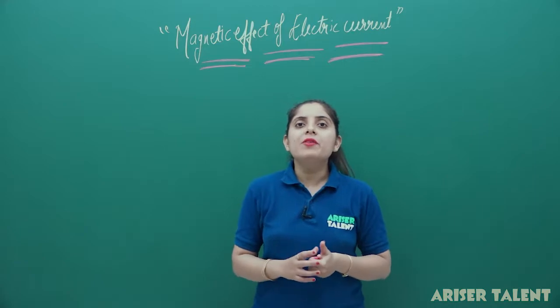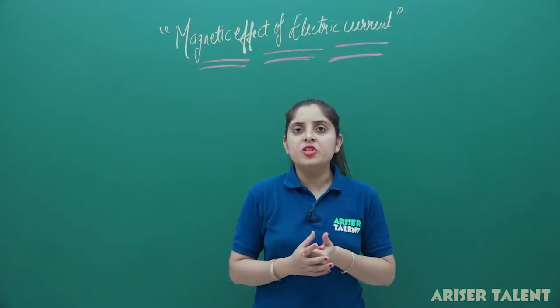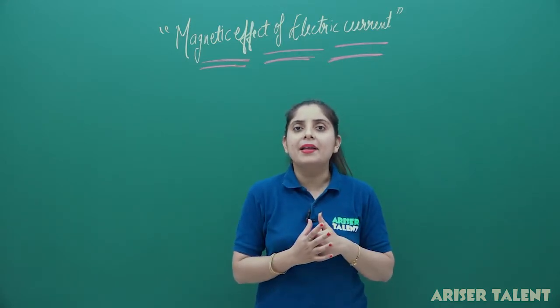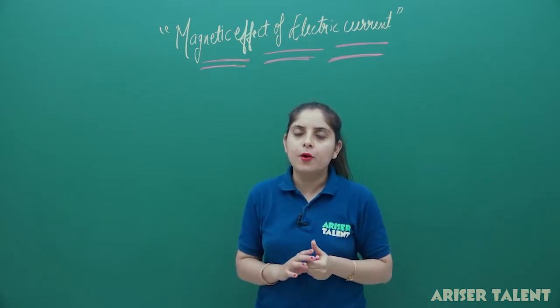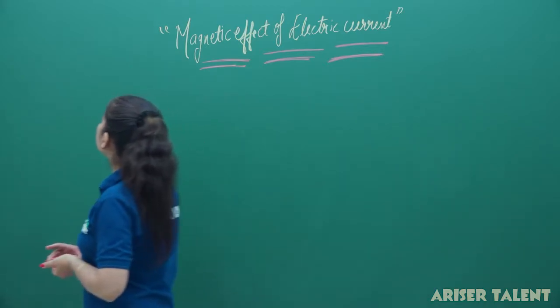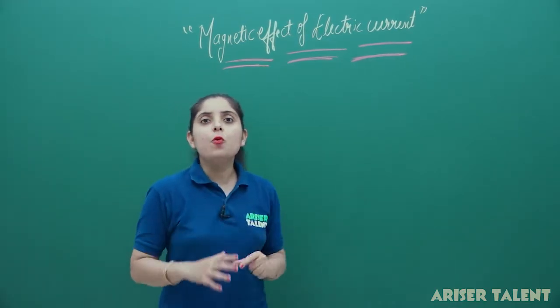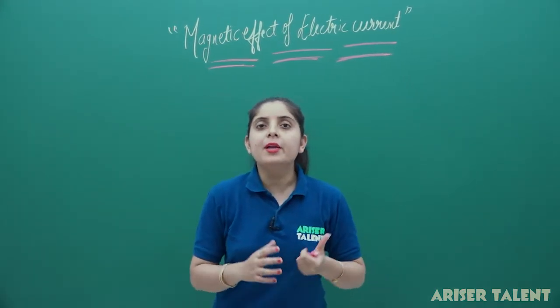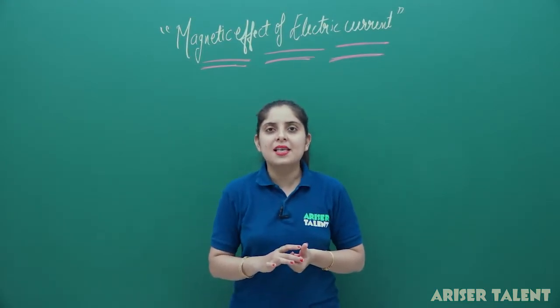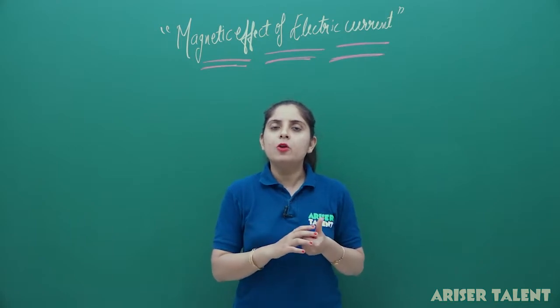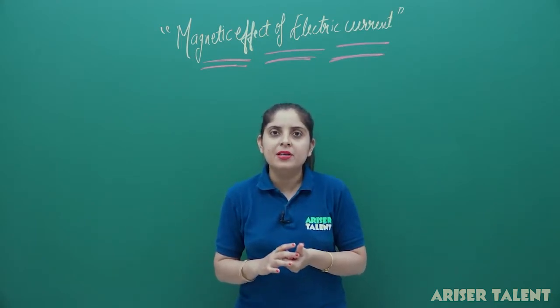Now today we are going to discuss the expressions for finding the magnetic field strength at a particular point. Today we are going to discuss some important formulas, but the formulas I am writing here are only from your competitive point of view. They may not be asked in your CBSE exam; they are only for competitive purposes. By substituting the values, you can find the value of the magnetic field strength there.